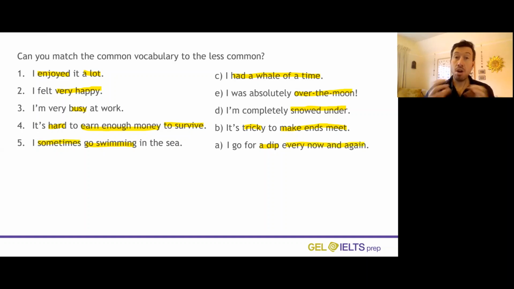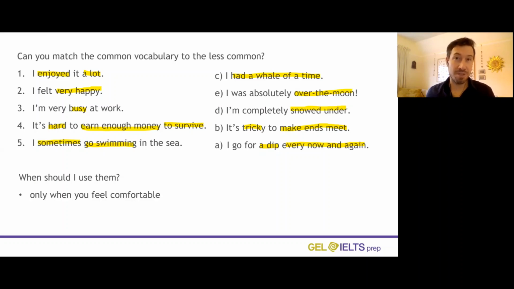So there's always vocabulary that you could use, which is a higher level than these simple ones on the left side. So when should you use them? Well, only when you feel comfortable. There's no point trying to use them if you've only used them once or you don't use them regularly, because what you'll do is it will sound very unnatural when you try to use them, or you might make a mistake when you're using them and you'll lose marks for maybe grammar or for accuracy or something like that.